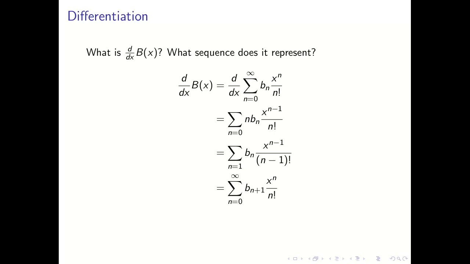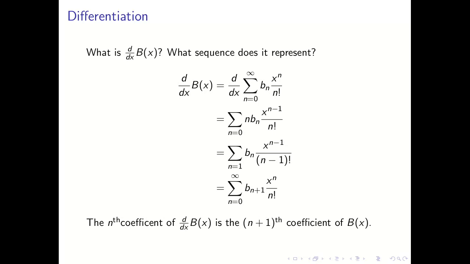So include the power series, do the term by term differentiation, simplify it a little bit, and then we look at this and we go, huh, that's kind of weird, because the nth coefficient of this power series is b sub n plus 1, which is the (n+1)th coefficient for the exponential generating function for binary trees.